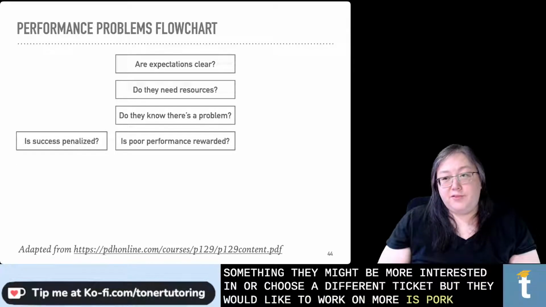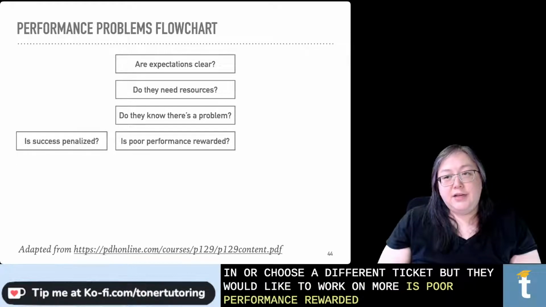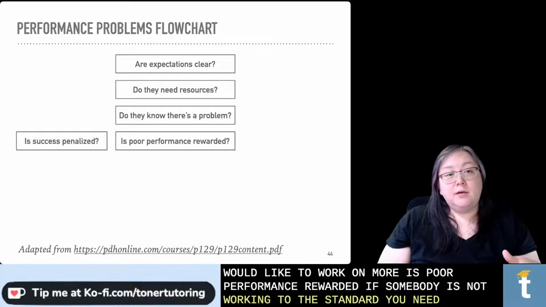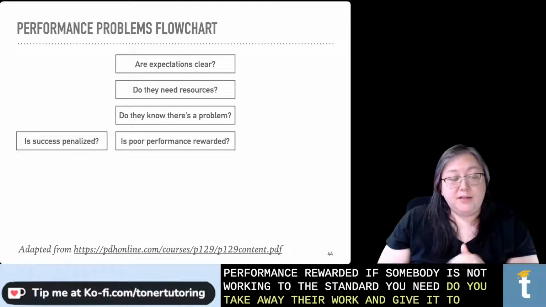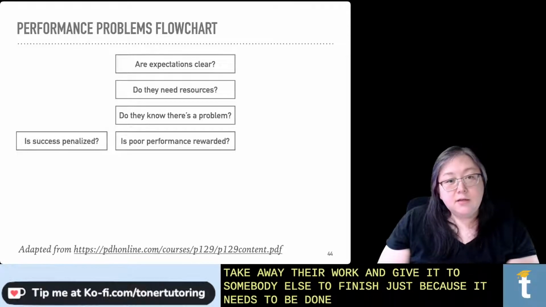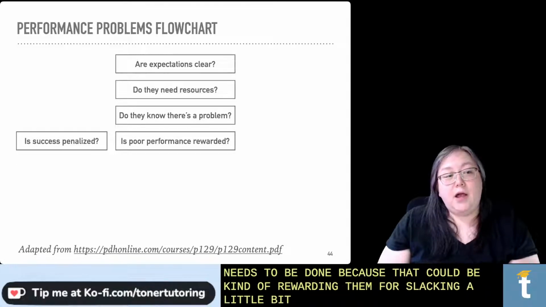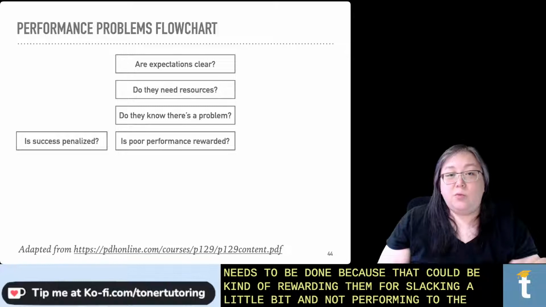Is poor performance rewarded? If somebody is not working to the standard you need, do you take away their work and give it to somebody else to finish just because it needs to be done? Because that could be kind of rewarding them for slacking a little bit and not performing to the level you want.